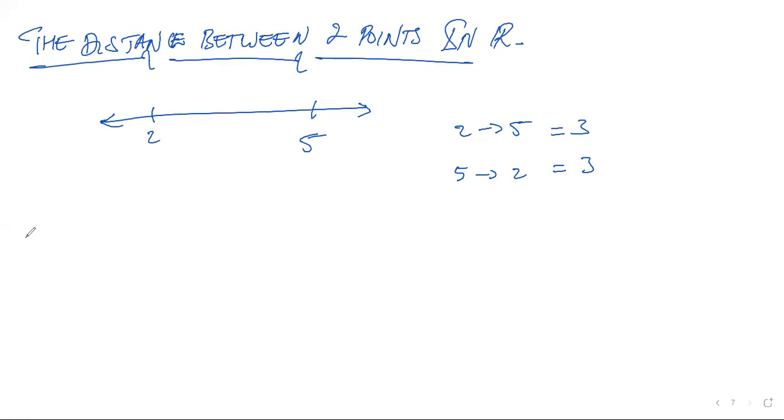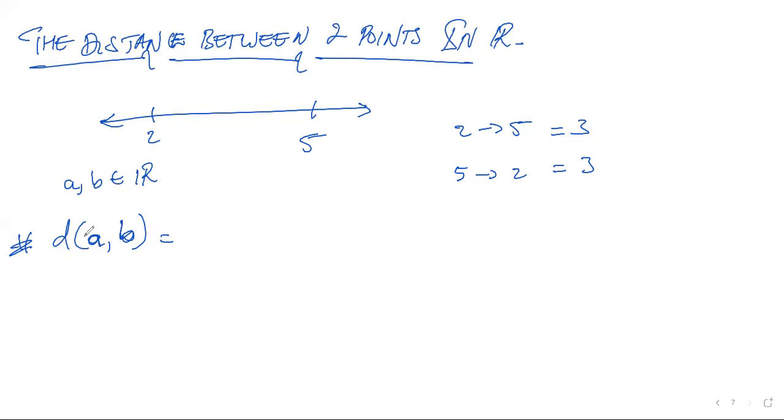And then the property is proved by saying that the distance between point A and B, D of A comma B, this reminds me of real analysis. This D is for distance, right? We are assuming that A and B are real numbers.